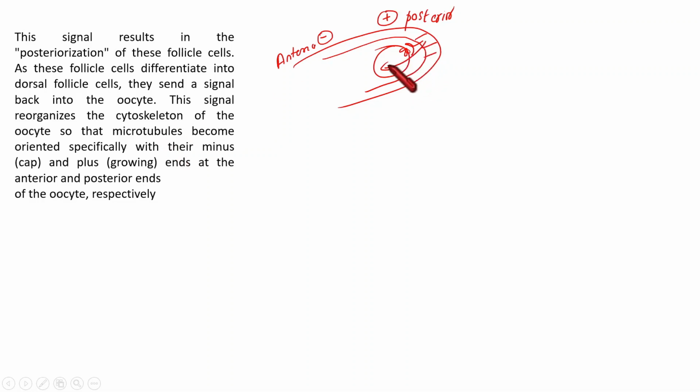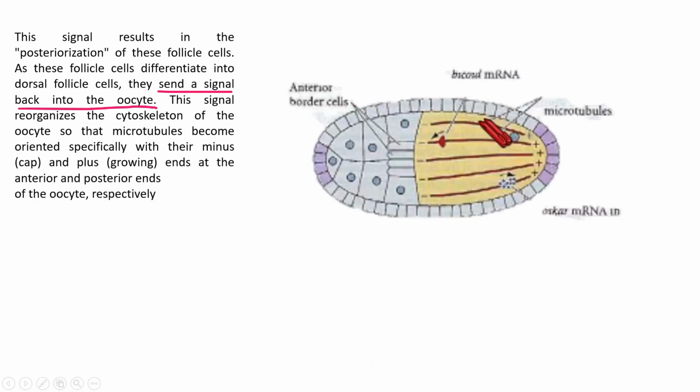Because of a back signal from the follicle cells present at the future posterior end. Okay, that's what I'm going to show you. This is that stage: the microtubules are reorganized such that the minus end points towards the anterior end of the oocyte and the plus end points towards the posterior end of the oocyte.